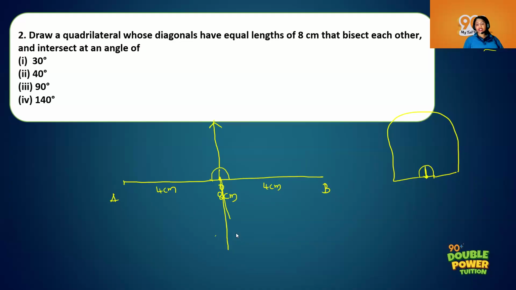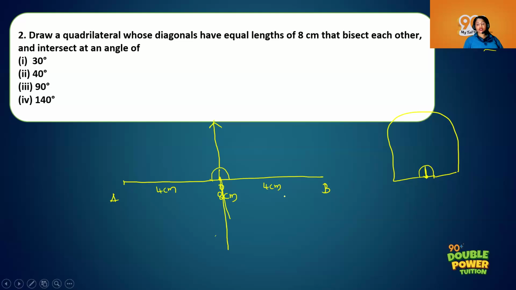Did you draw, Ishan? Now take 4 centimeter in your compass. Sorry, not 90 degree. Take 4 centimeter in your compass.